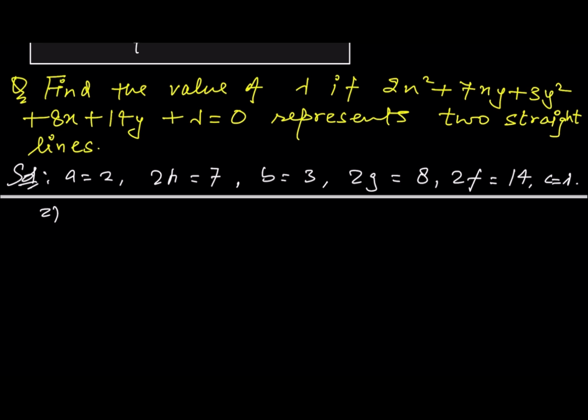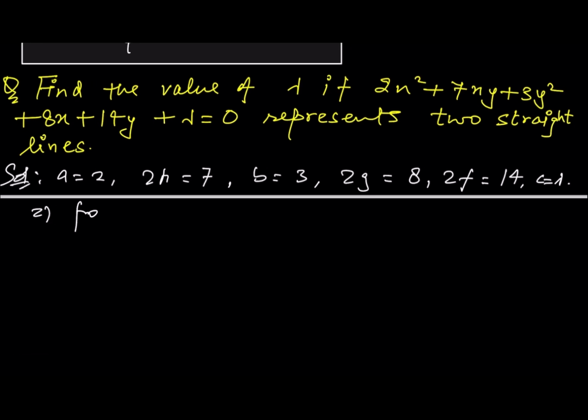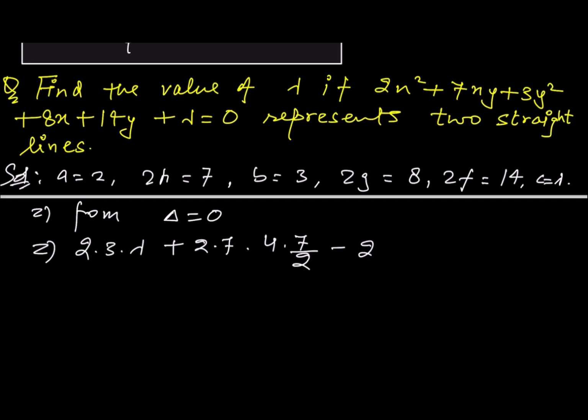So from delta is equal to 0 implies ABC plus 2fgh minus af square minus bg square minus ch square is equal to 0, right?